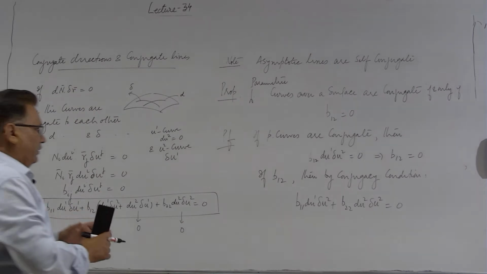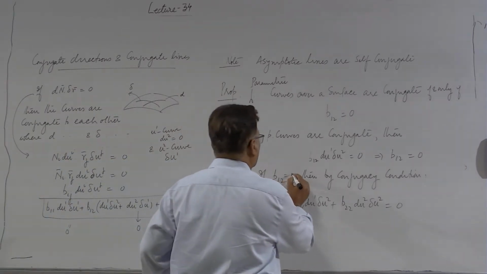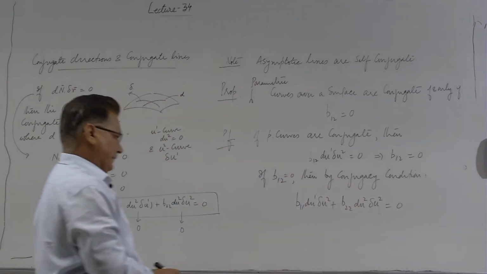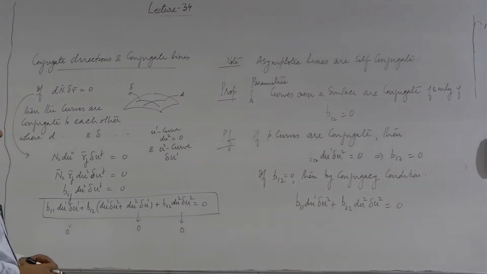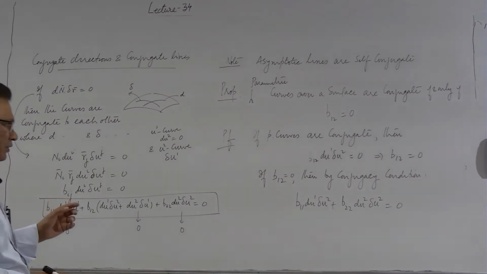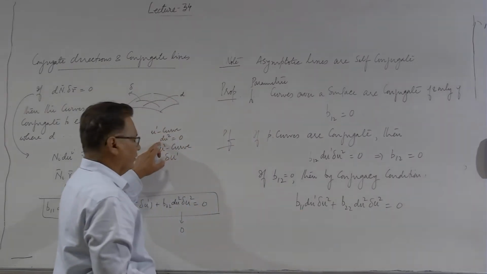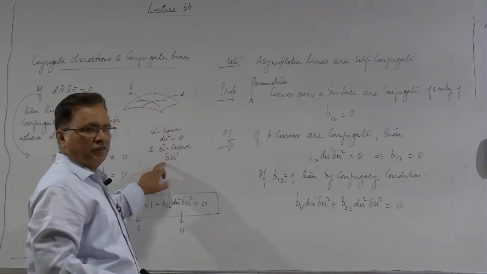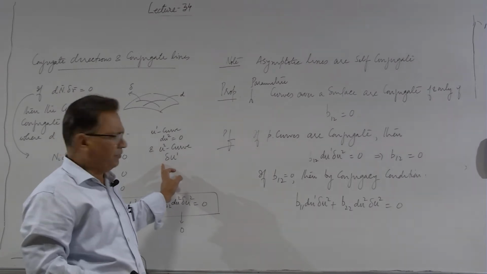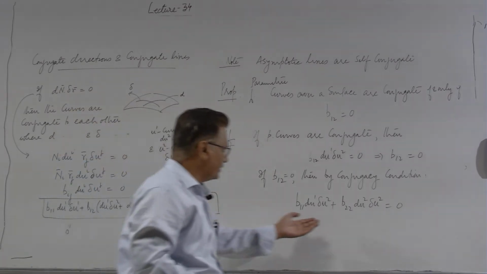So, if b12 is 0, then you get this. And if you look at the last equation, you will notice that this equation is satisfied by du2 equal to 0 and delta u1 equal to 0. That means, the parametric curve satisfies this equation.